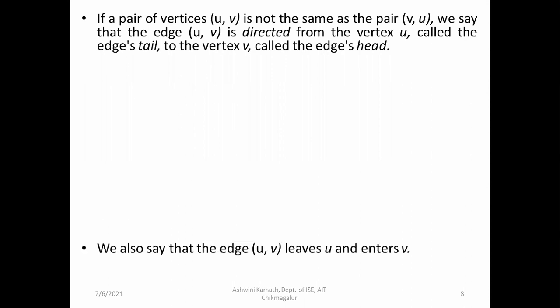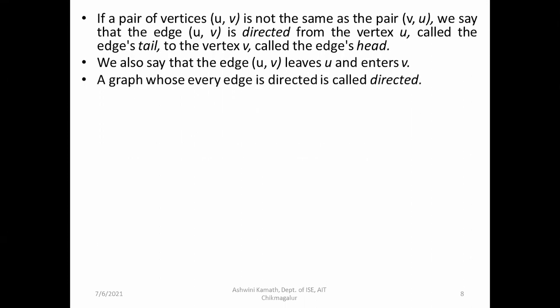That is where we have the arrow. Wherever we have the arrow, that is called the head, and the other end is called the tail. We also say that edge (U, V) leaves U and enters V.